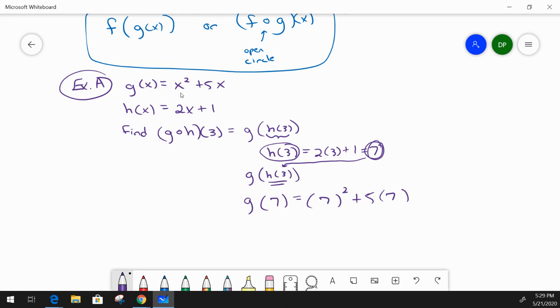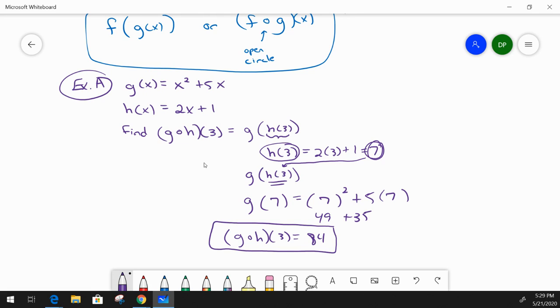So when I substitute 7 in here, 7 squared is 49, plus 35 will be 84. So that tells us our original problem, g of h of 3 is equal to 84.